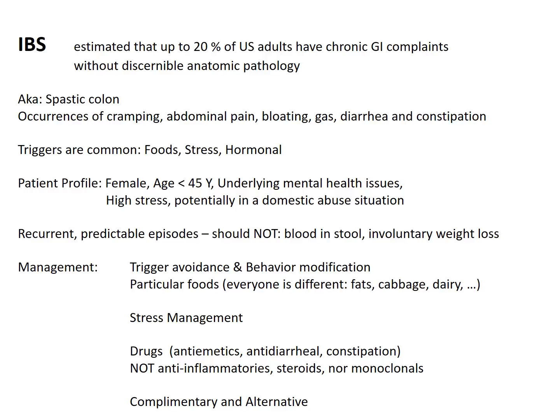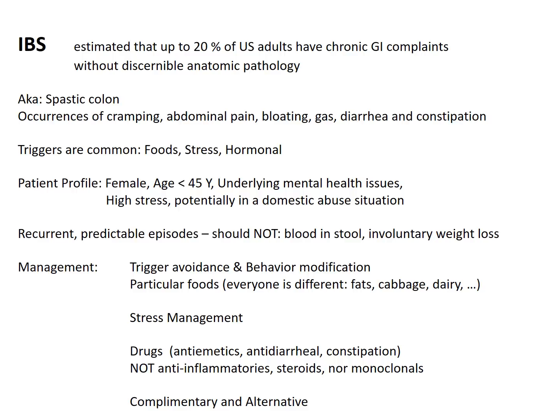And these individuals do not have any discernible, obvious anatomic pathology. These individuals may be symptomatic due to triggers such as certain foods, stress, or hormonal influences. It tends to affect women under the age of 45 more commonly.